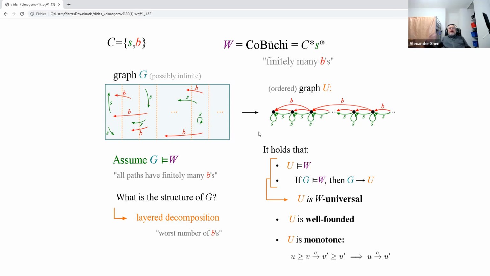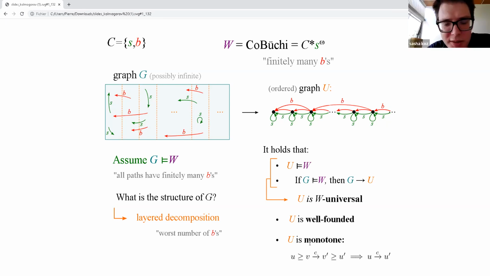Okay, but we are trying to prove something now. So what is happening? Are we trying to give a definition or to prove something? So I'm proving that for the Kobyshi objective W, there is a universal graph which is well-founded and monotone.